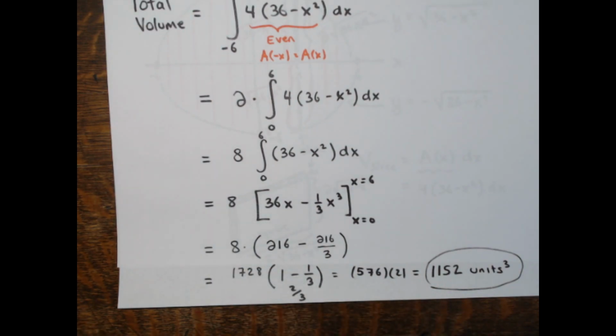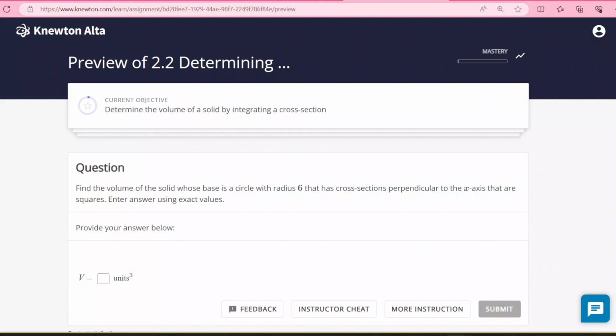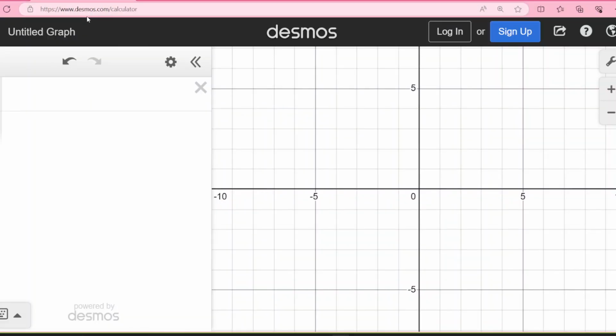What I'm going to do from here on out is, for most of these anyway, not all of them, some of them I'll show you if it's a function we haven't come across yet, use a nice graphing calculator online at a website called desmos.com, where you can enter your integrals very quickly.